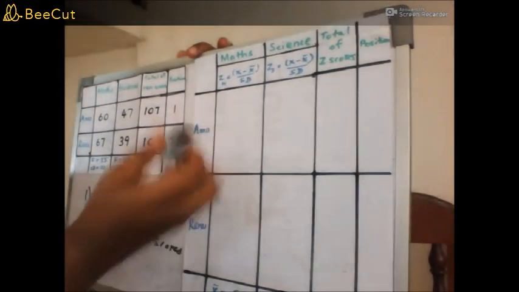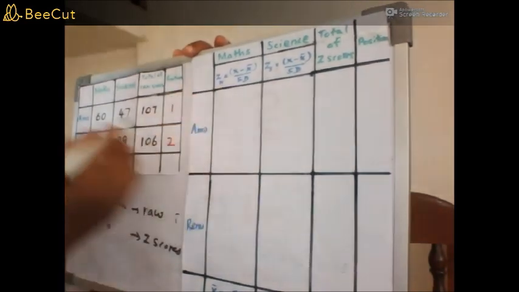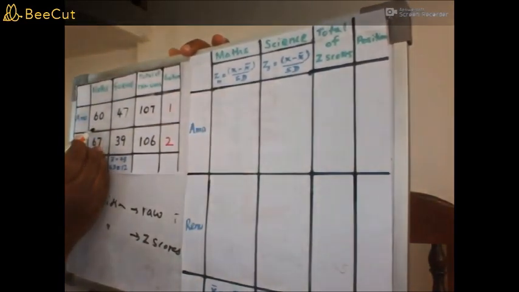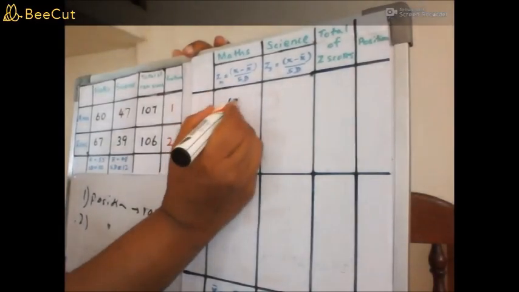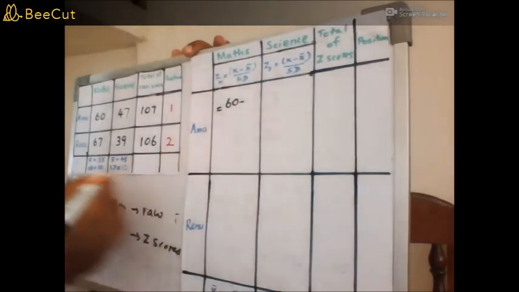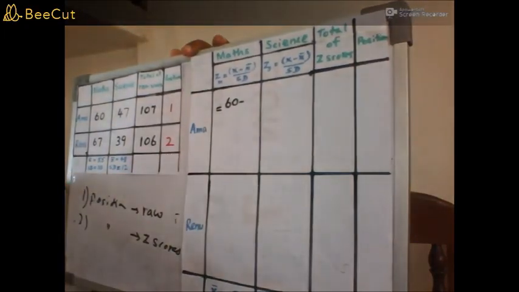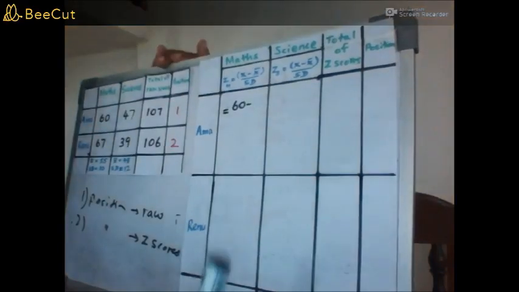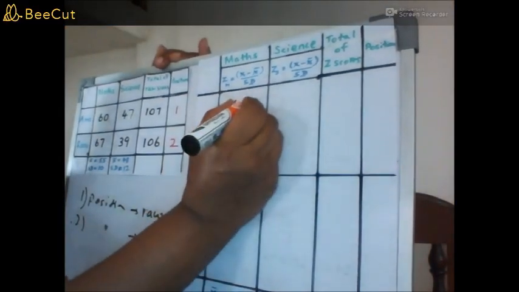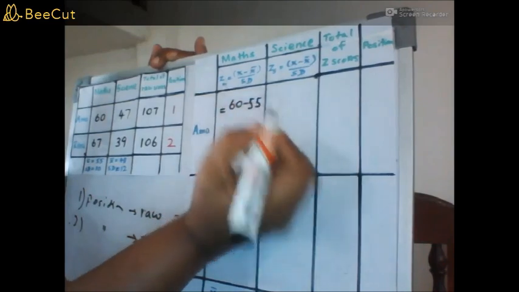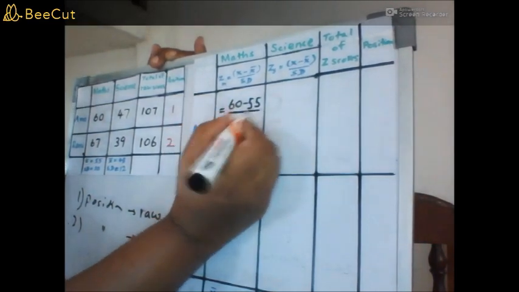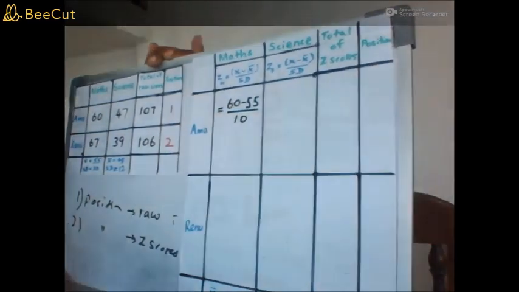Now we'll do the calculation here. Ama's mark, we'll take maths, it's 60. So X is 60 minus X bar, it's 55. 60 minus 55 divided by 10, right?